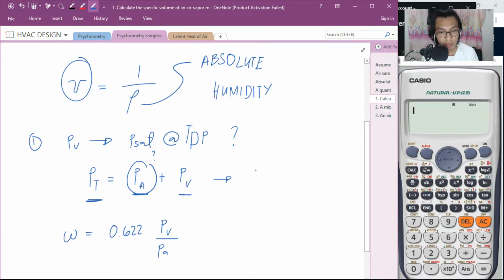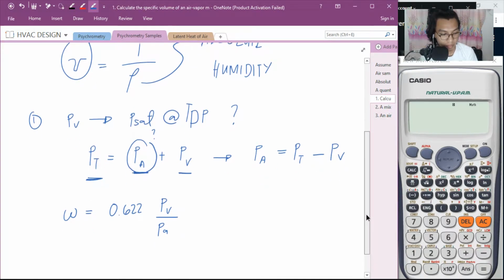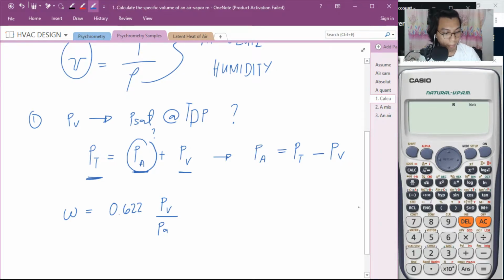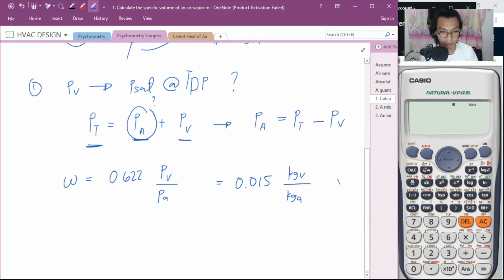I-reform natin to that we can solve PA in terms of PV and PT, where PT is given minus PV. Gets? Okay. Meron tayong value nito which is 0.015 kilograms vapor per kilogram air. Mahanap ba natin si PV?